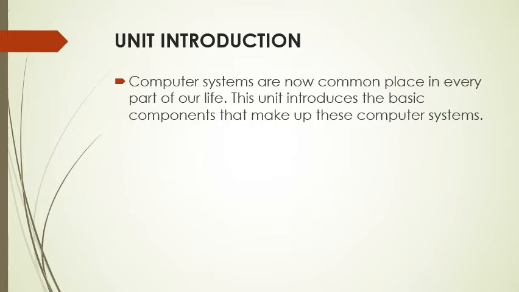Computer systems are now commonplace in every part of our life. Anywhere you go, you see a computer system available over there. Furthermore, we will discuss the basic components that make up this computer system.